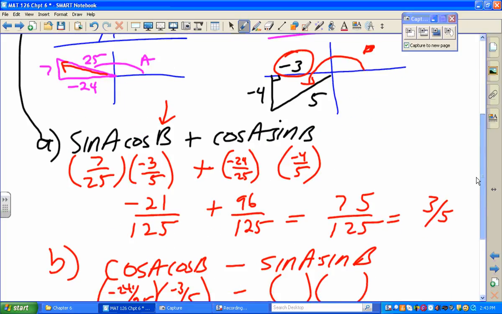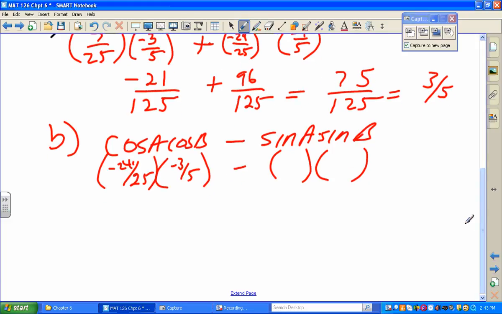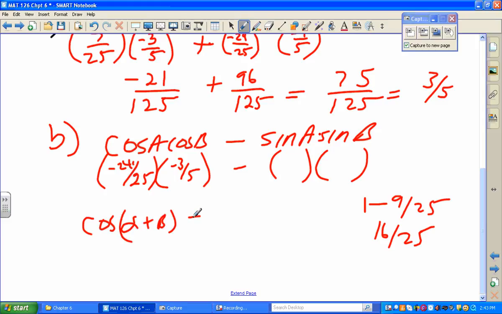So if I take 3/5 and square it, I get 9/25, don't I? So 1 minus 9/25 is 16/25. I take the square root. So cosine of A plus B equals 4/5.